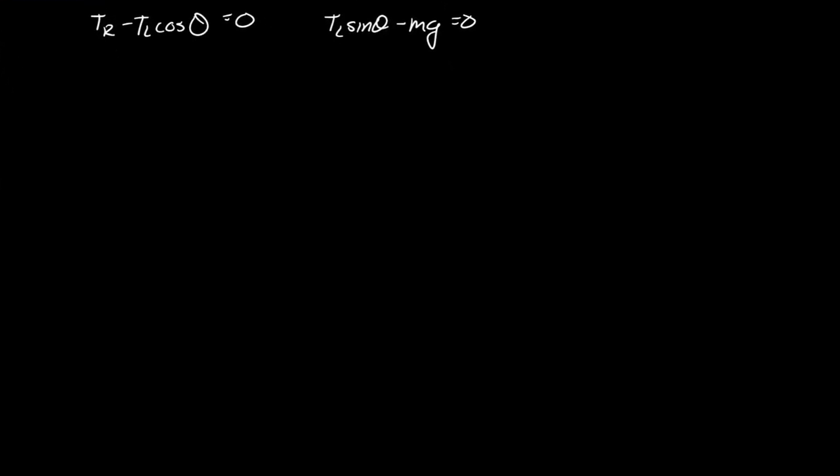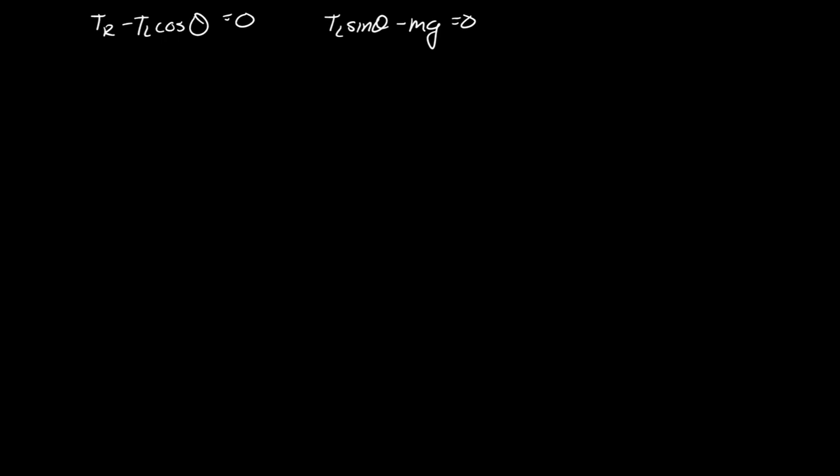Can I use these two things to get an expression for TR in terms of variables that are allowed to be in my problem? I am not allowed to have TL in my answer. So I need to find a way to eliminate TL. Substitution is probably the best way here. I can solve for TL on one side and plug it into the other.